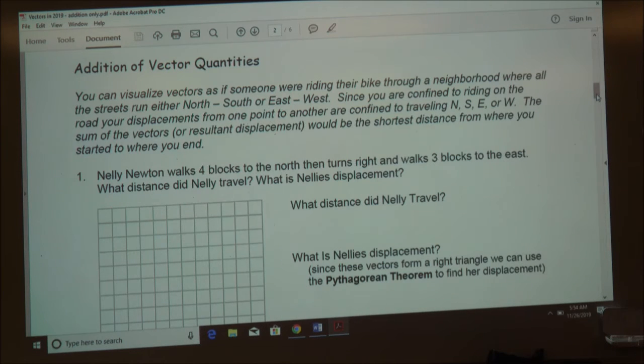They're all perpendicular to each other. So you're confined to traveling in those directions. The sum of the vectors is the shortest distance from where you started to where you end. In order to do that, you might have to cut through some backyards to actually travel a certain vector.